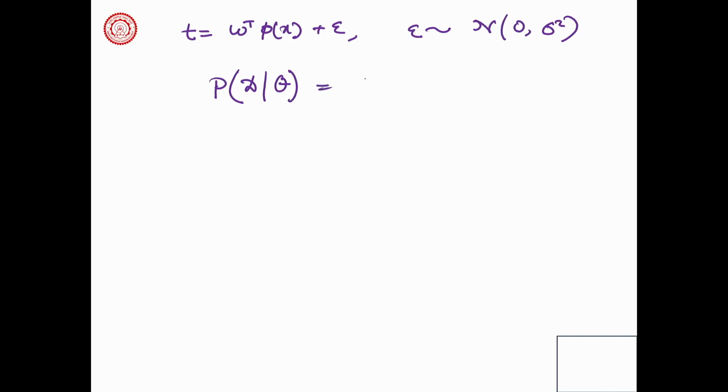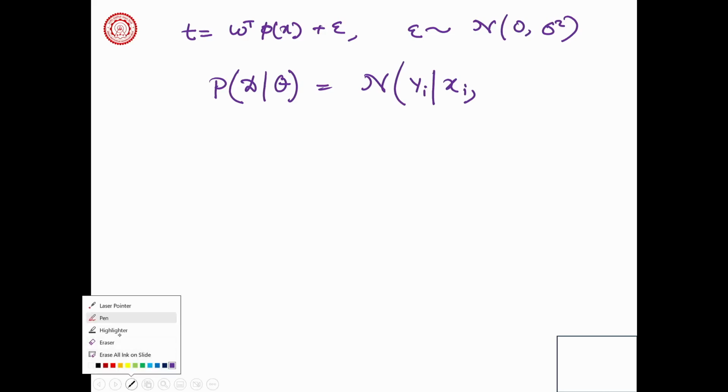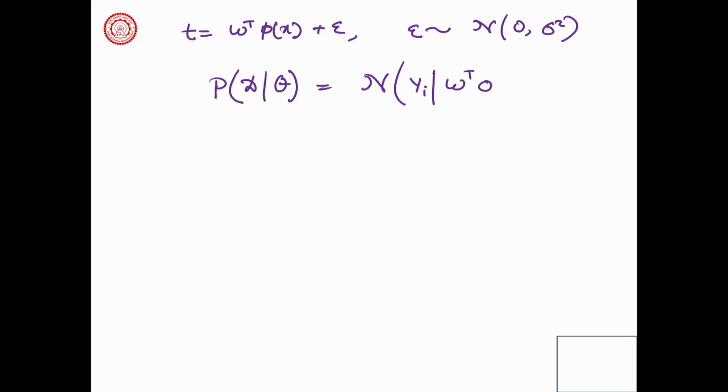It comes out to be a Gaussian over y I, because I am directly writing the Gaussian, with mean W transpose phi of x I and variance sigma square, and you do a product over I, you have n data points, right.